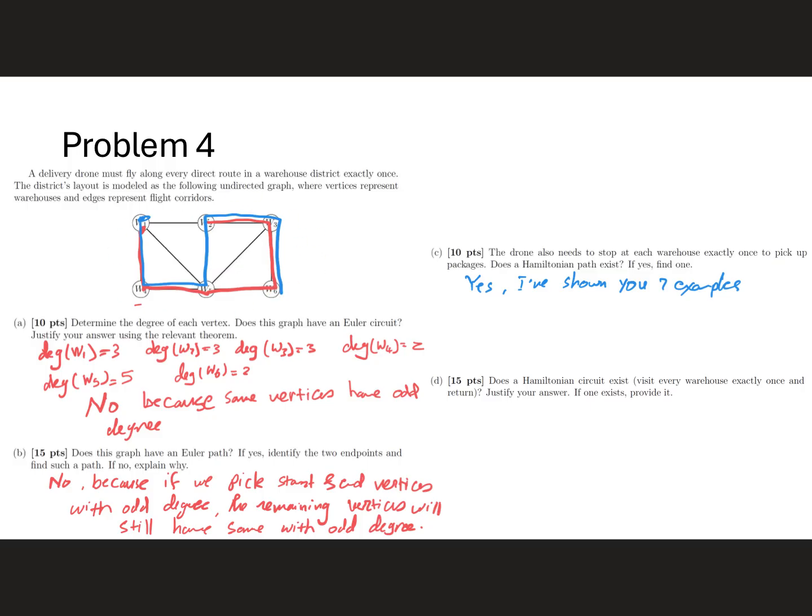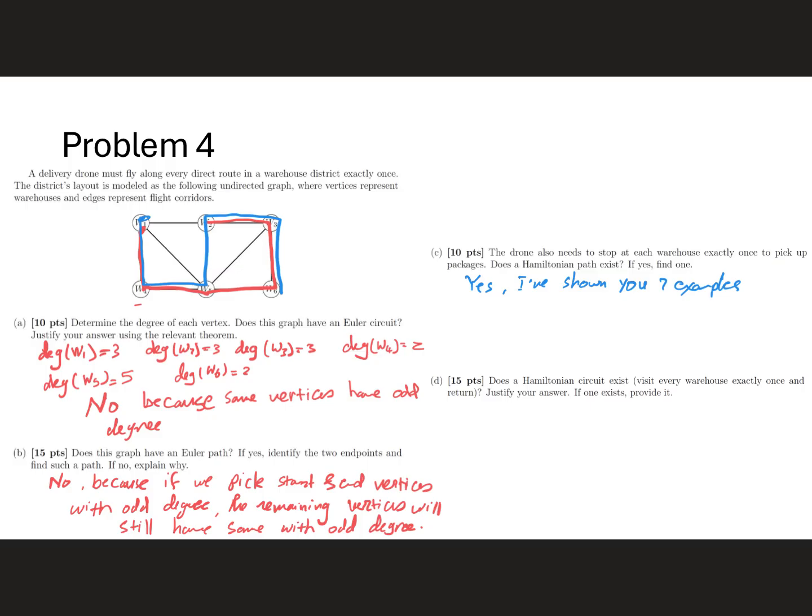So that theorem also is not useful. So my only way here is to find the circuit, right? But then we know that if we found a Hamiltonian path, right, and the 2 ends of that path are adjacent, then we know that we can find the Hamiltonian circuit. And this is the case that we see here.